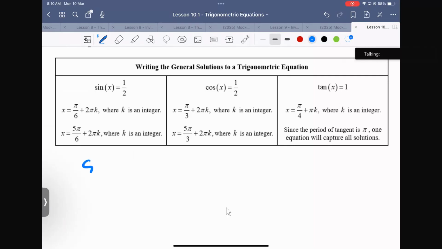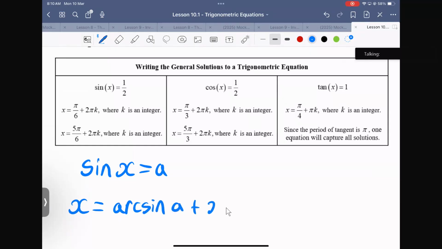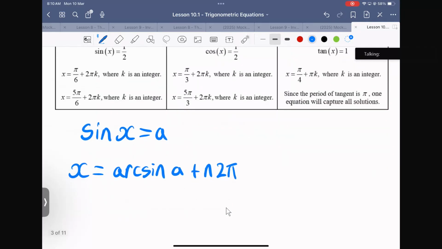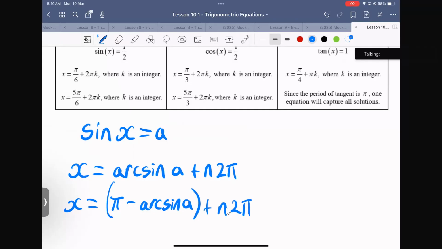If I generalize it a little: if sine x is equal to a, then x is equal to arc sine of a plus n2 pi, or x is equal to pi minus arc sine of a plus n2 pi. So this is a general solution.